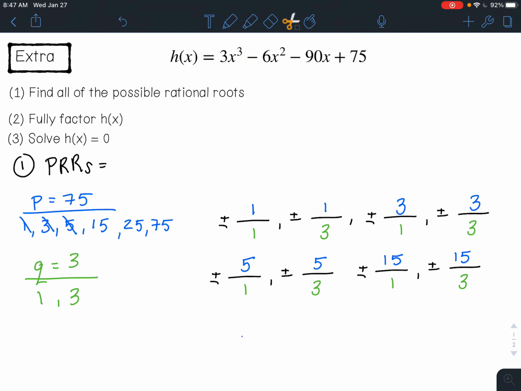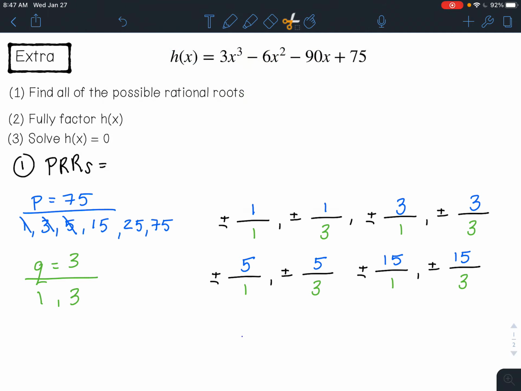So then before I write my final list, we just want to simplify and take out duplicates. So for the first one, I have 1 over 1 is 1, so I have plus and minus 1 as an answer. 1 over 3 doesn't simplify, so plus and minus 1/3. 3 over 1 is 3, so that's a new one. And then 3 over 3 is, oh my god, 3 over 3 is 1.